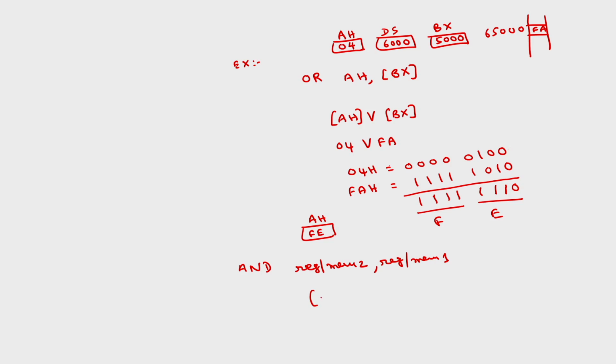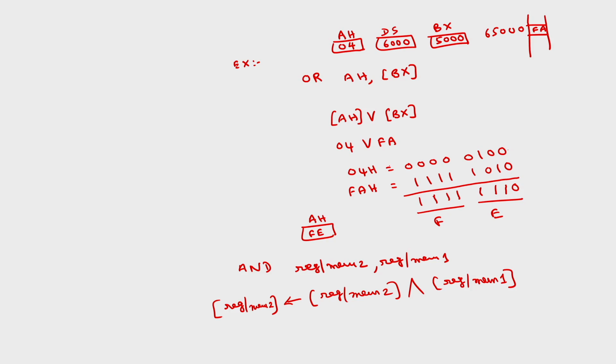So, basically the operation is register/memory 2 is logically ANDed with register/memory 1, and the result is stored back to register/memory 2. No need to give the example here. This is exactly similar to this OR operation, except that here instead of OR operation, AND operation will be performed.